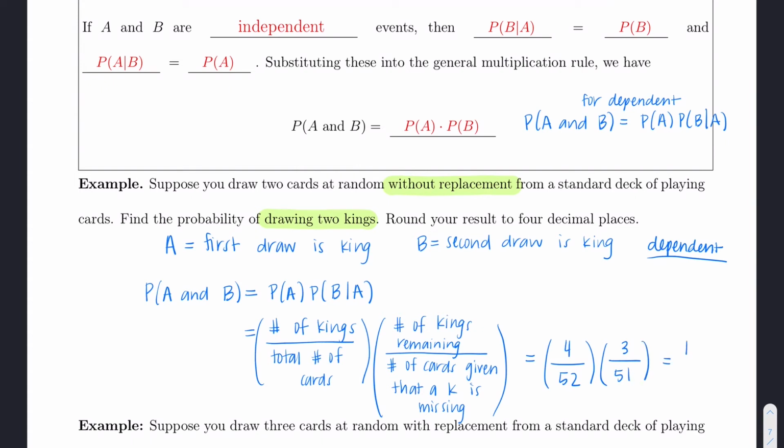And so here, I get 12 divided by 2,652. When you convert that to a decimal, you get 0.0045.